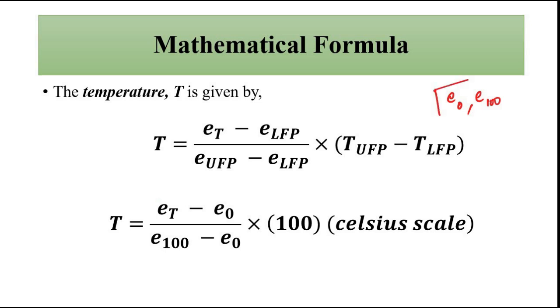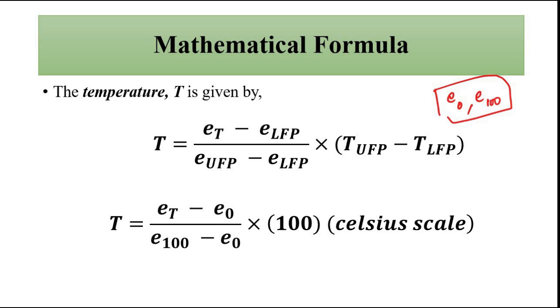Once we get these two values, we can use them to get an output in terms of degrees Celsius, because we don't want a voltage output. Whenever we use a thermocouple, we don't want a voltage output. Most of these setups are in digital format, where we get a digital output on an LCD display.